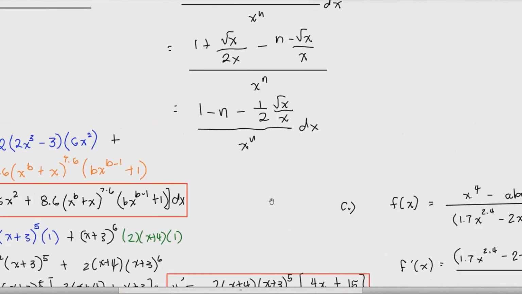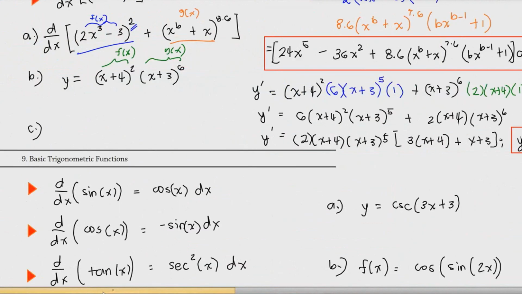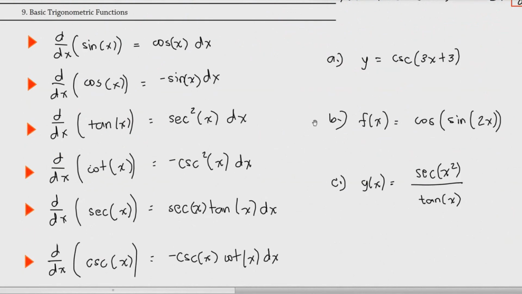Now we're pretty much done with all the algebraic operations, and the additional thing that we have here would be trigonometric functions. Actually, trigonometric functions are transcendental functions, so we'll be having a separate topic for that. But since these are basic trigonometric functions, I wanted to introduce this beforehand before we discuss transcendental functions.